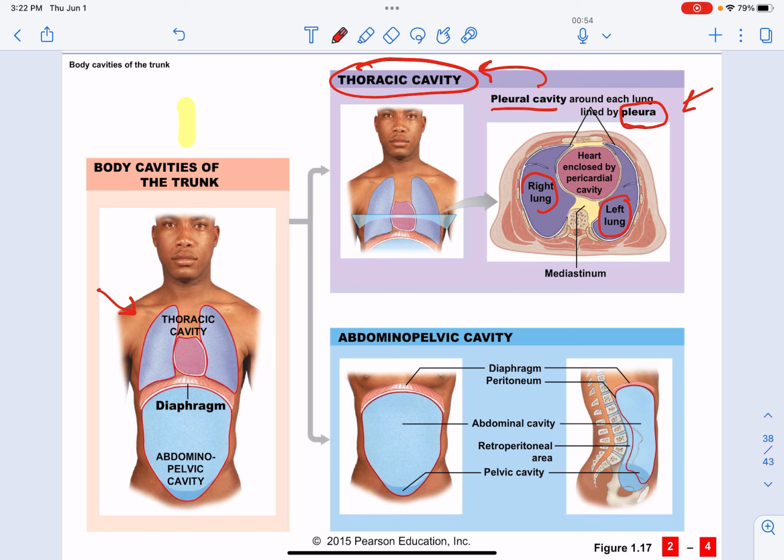Then within the thoracic cavity is another cavity called the mediastinum. The mediastinum houses another cavity called the pericardial cavity. The pericardial cavity houses the heart.